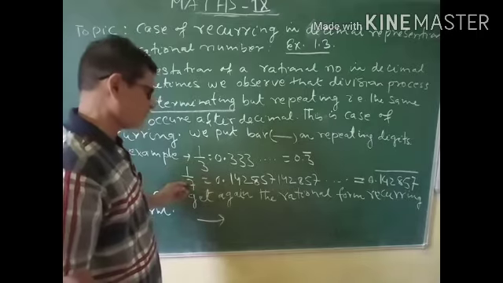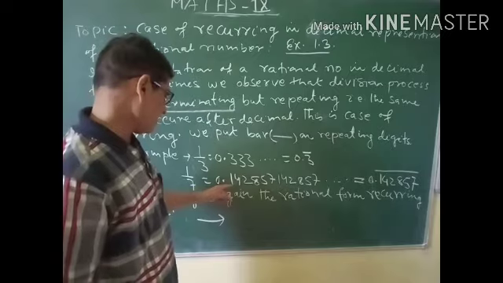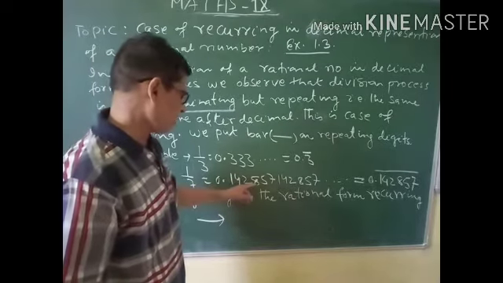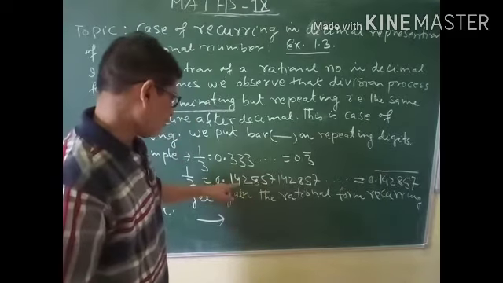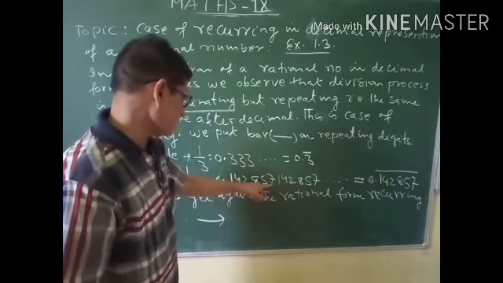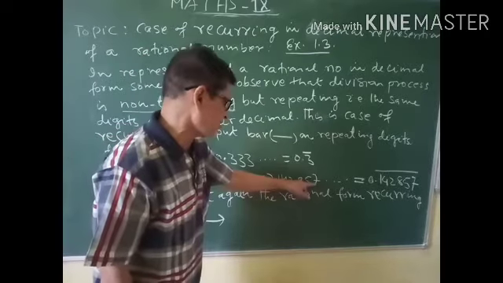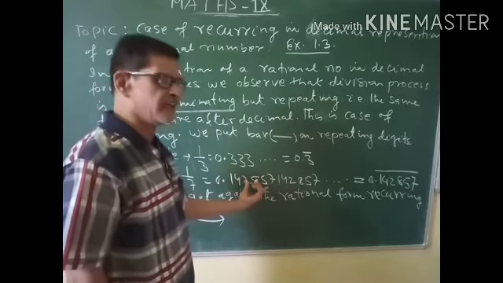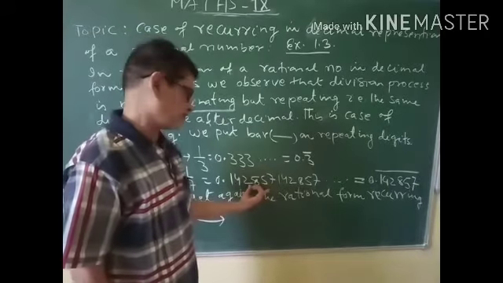This is the rational form, and if we divide 1 by 7, then we get the number 0.142857. After 7 again there is repetition of the same digits 142857, these 6 digits again and again, but the division process doesn't stop.